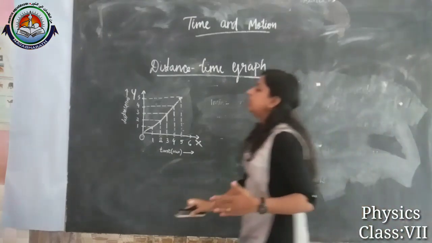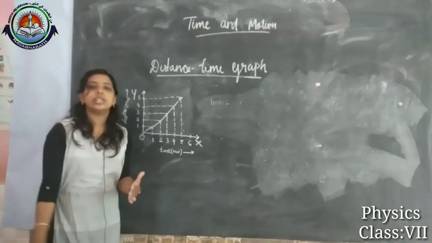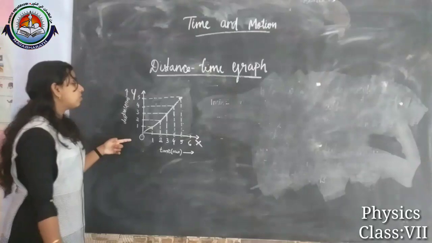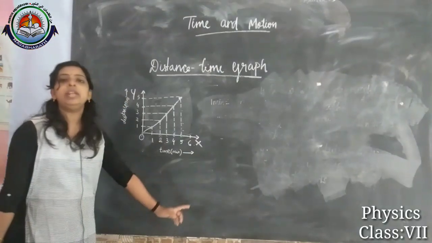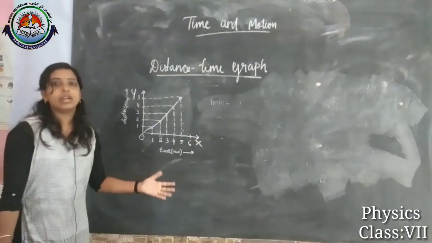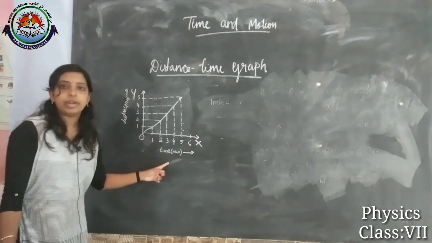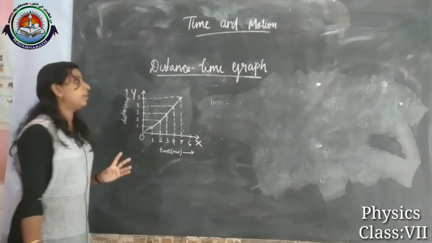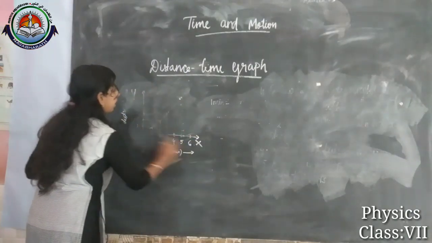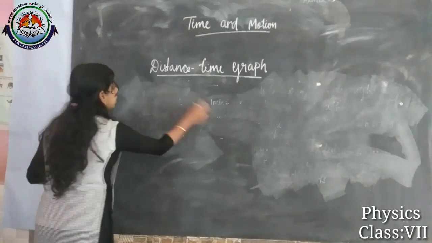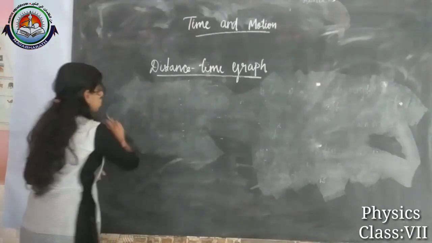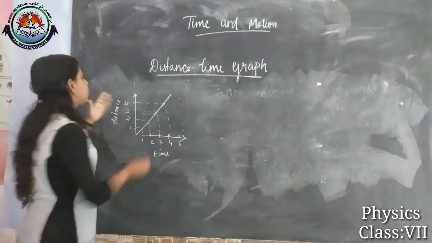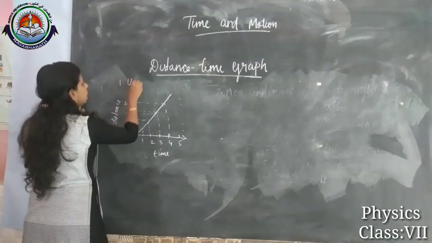Whenever we are drawing the distance time graph, keep in mind that distance is denoted on the y-axis and time on the x-axis. Why? Time is an independent variable and distance is a dependent variable. So we can consider the distance time graph in the case of various motions and the rest case. First we can discuss uniform motion.